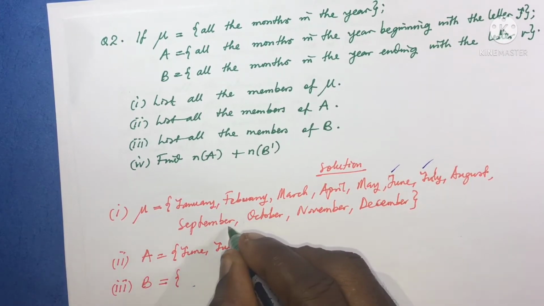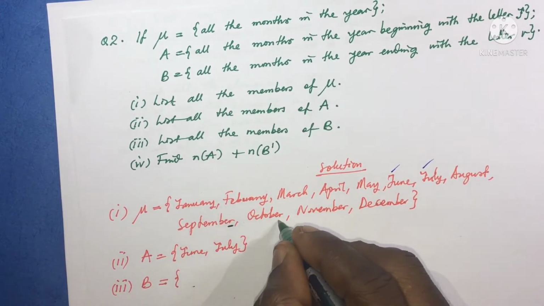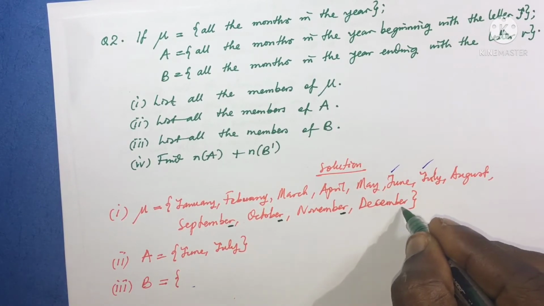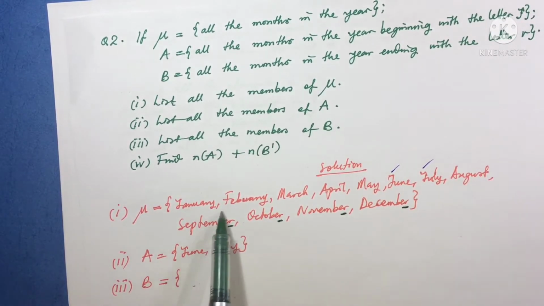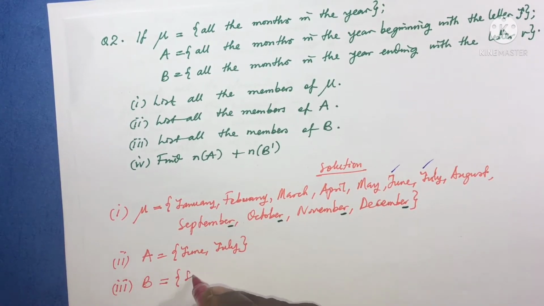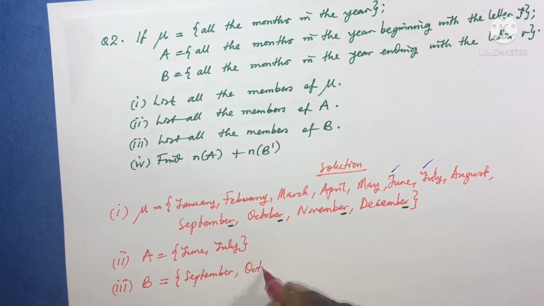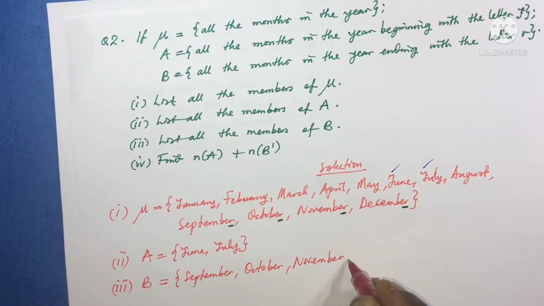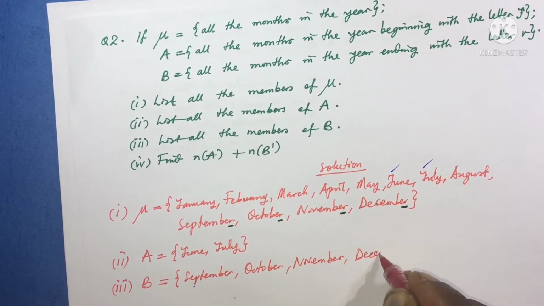You would notice September ends with R, October ends with R, November ends with R, and December ends with R. No other month apart from these end with R. So quickly, I'm going to write out those months: September, October, November, and of course December.